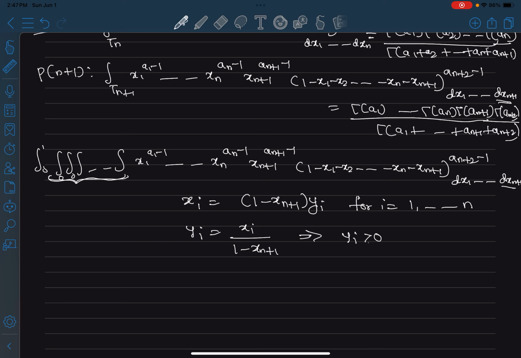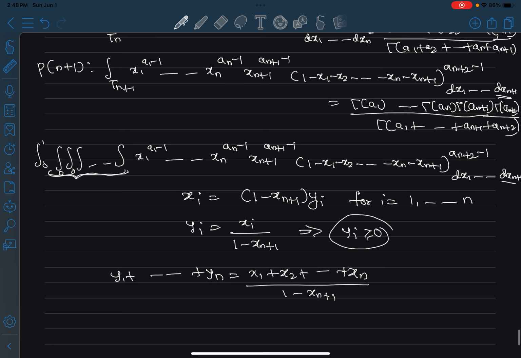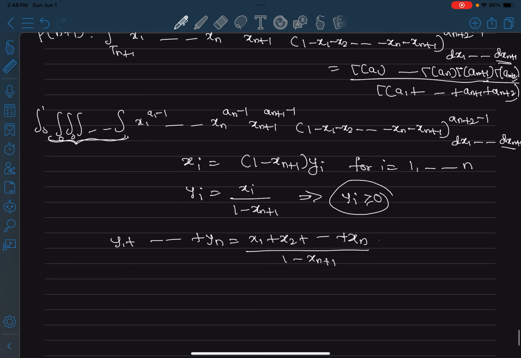Not just this, if you try to take the sum of all these yi, y1 up to yn, the denominator is the same for everything, right? So this will just be x1 plus x2 up to xn over 1 minus xn+1. Since this was the n+1 dimensional simplex, if we had added xn+1 to this numerator, it would have been less than or equal to 1.